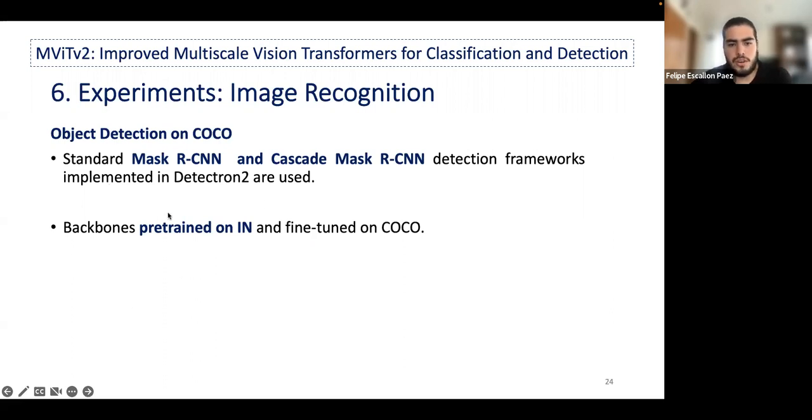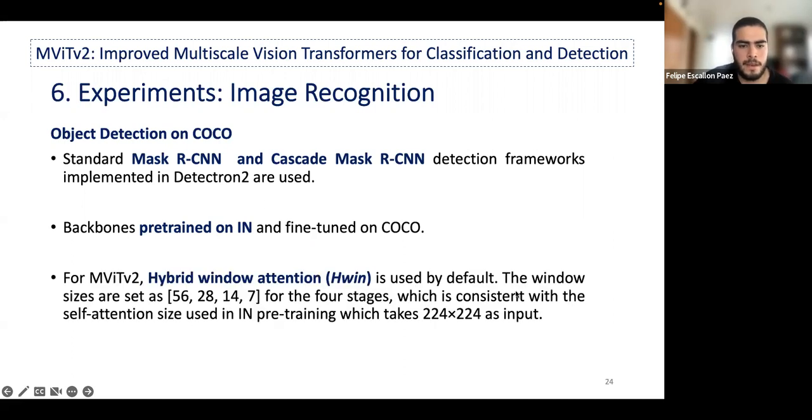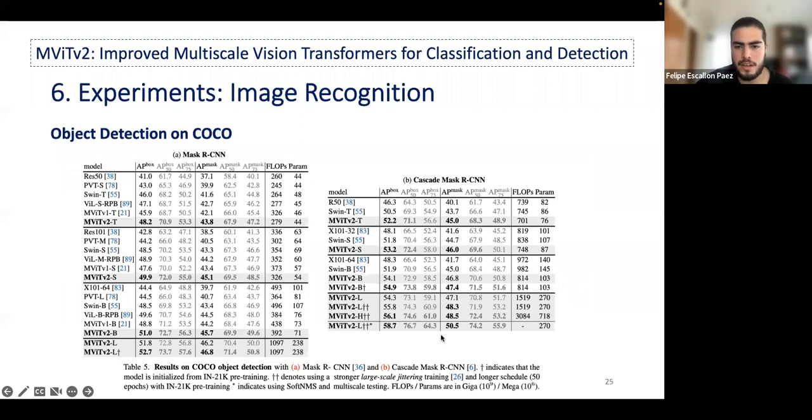The backbones are pre-trained on ImageNet and then fine-tuned on COCO. As I mentioned, here we can see that effectively they outperform all previous methods. It is important to note that, for example, here they are using different training methods they propose, for example the pre-training on 21K, and they keep on getting better performance.